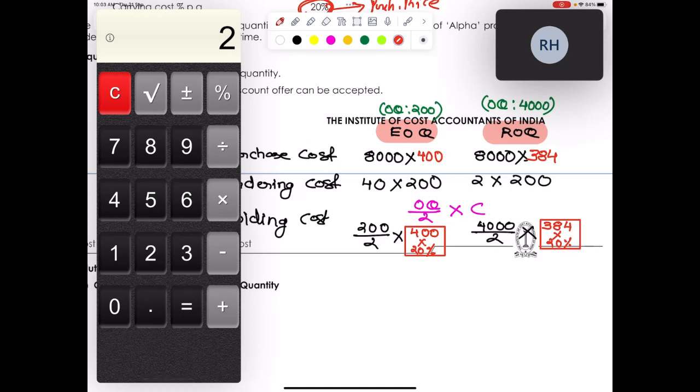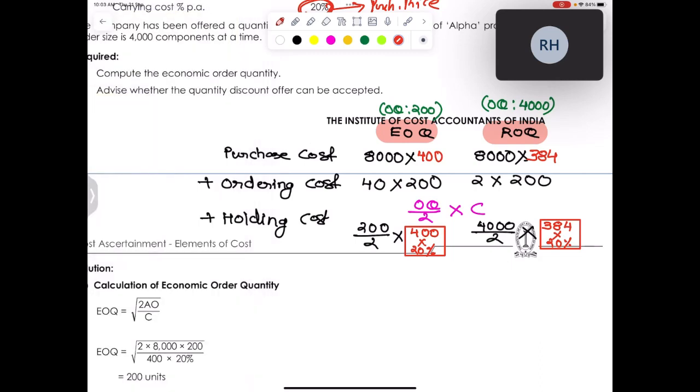Hope you understand this point, beta. 20% is to be applied on purchase price. Since purchase price has changed under ROQ, it's no more 400 rupee, it's 384 rupee. So 20% will be applied on whatever the purchase price is applicable for that order quantity. Okay, let's move ahead.